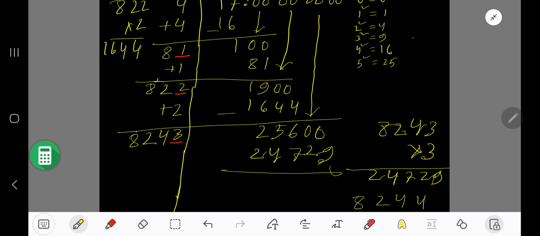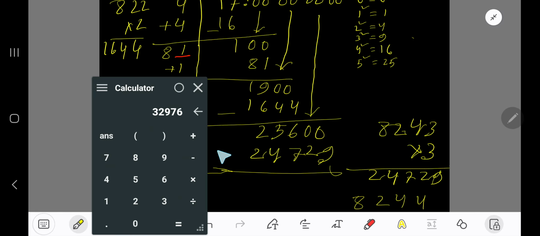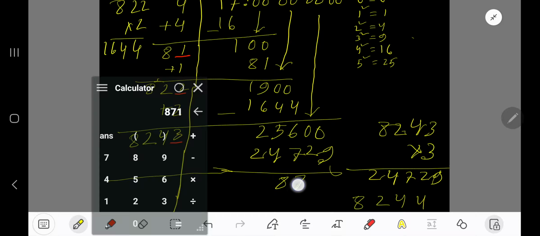Okay, now subtract. 25,600 minus 24,729 gives you 871.